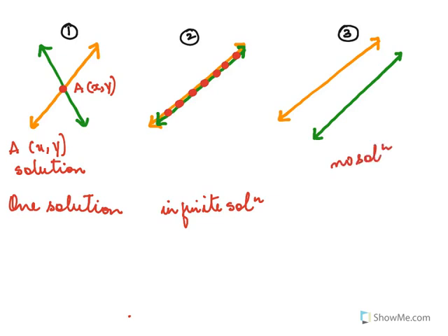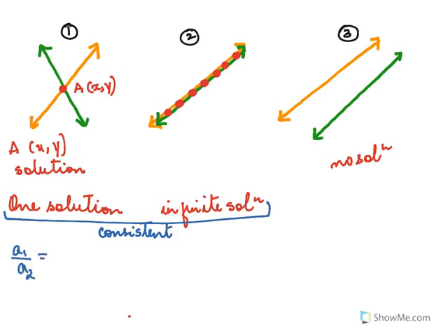Now, if lines have one solution or infinite solutions, that condition is said to be consistent. We know the condition for one solution: A1 over A2 not equal to B1 by B2. And if it's infinite, A1 by A2 equals B1 by B2 equals C1 by C2. If these two conditions hold, we say the lines are consistent.